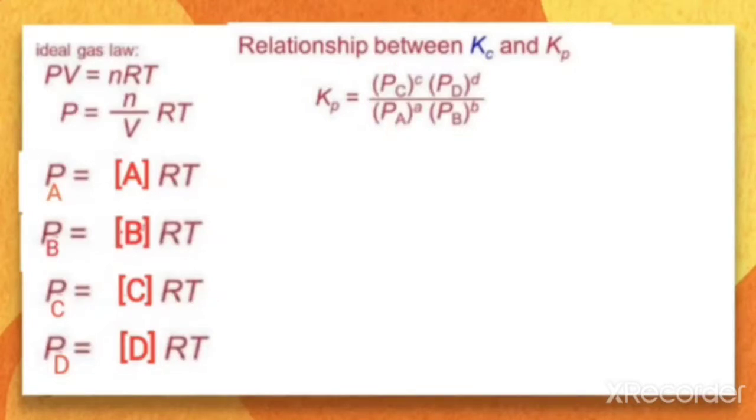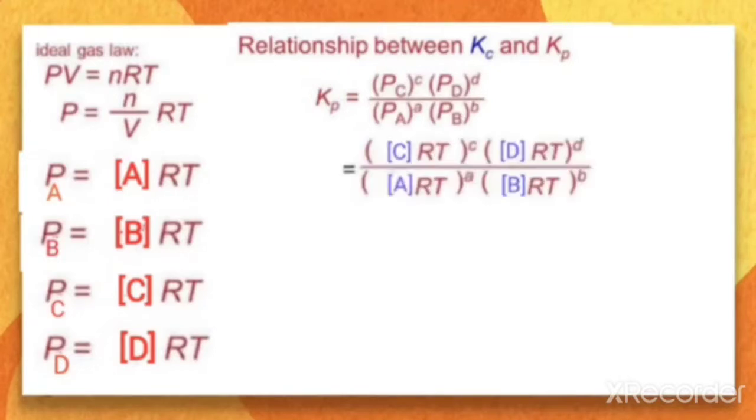So what will we get now? The equation will be in this way. In the place of Pc, we have written [C]RT, and similarly for the other terms also. And here Pc to the power c, that's why [C]RT to the power c is there.